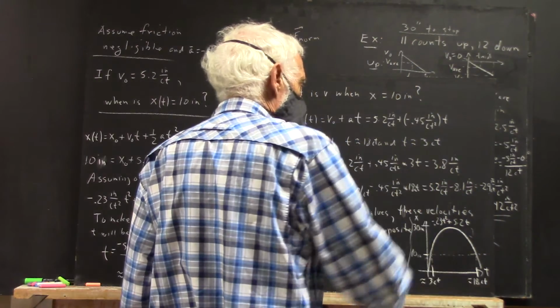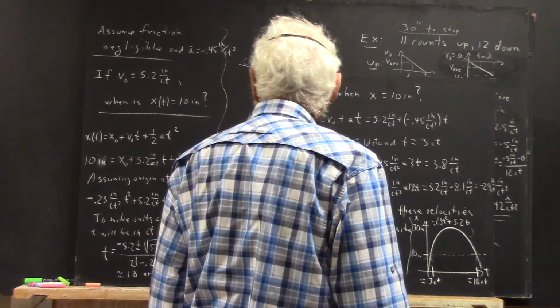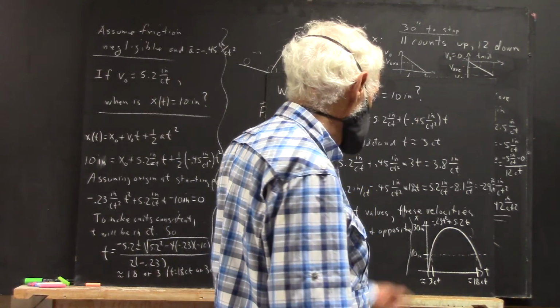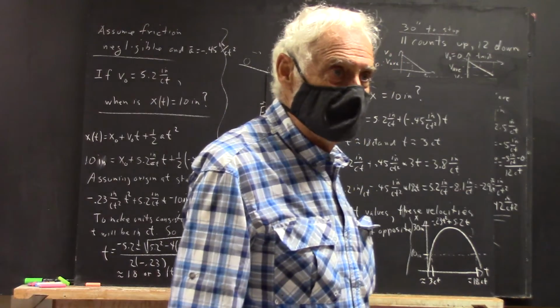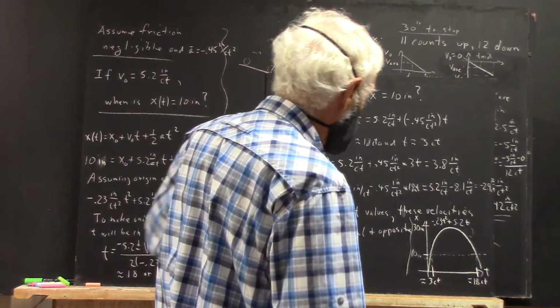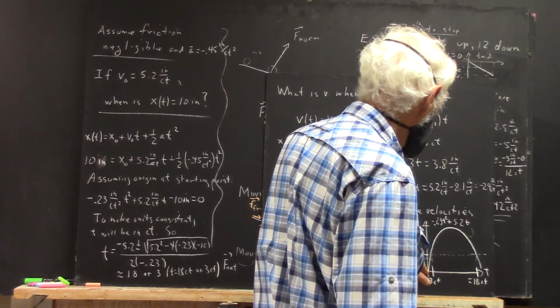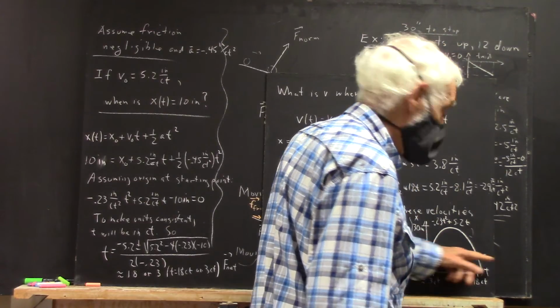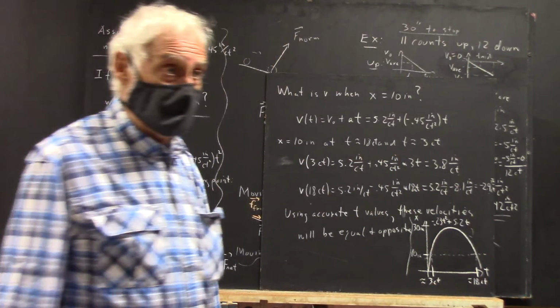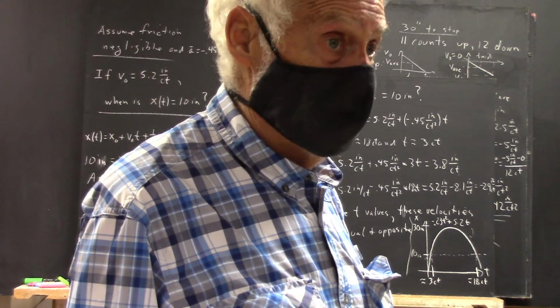From the way these numbers came out, I'm pretty confident that it's 4 and 17. Pretty confident, not going to bet the farm on it. Okay? These come from solving the quadratic equation, this function equal to 10 inches. And you need to understand that graphically as well as algebraically.